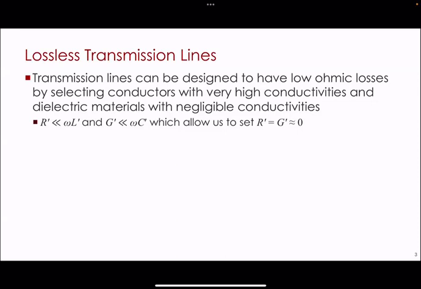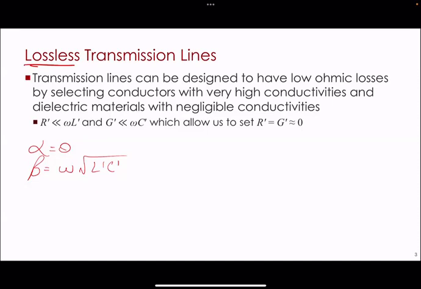Some of the ones we ended up getting: we decided that alpha equals 0. It's lossless, and alpha is an attenuation constant. We also found that beta equals omega square root L prime C prime.